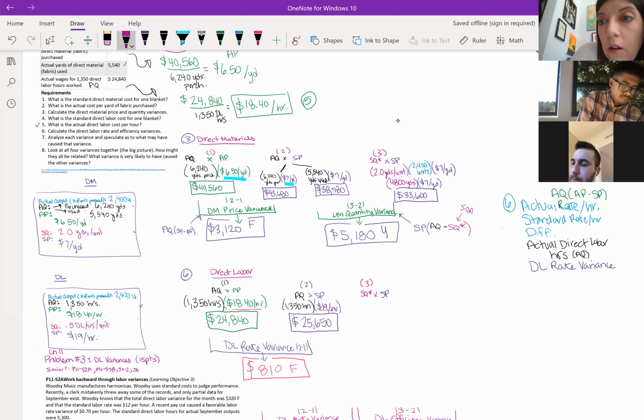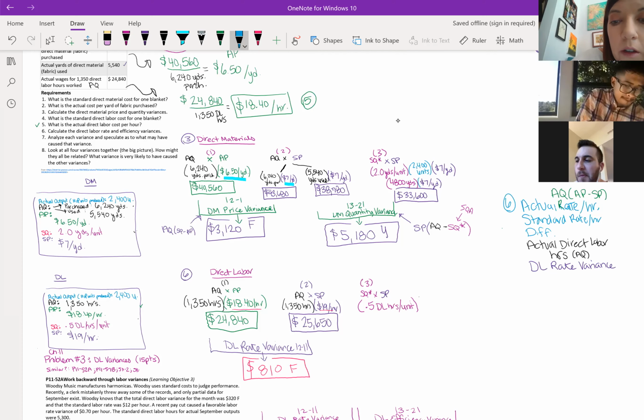For my last column, my standard quantity per unit is 0.5 direct labor hours per unit. We're going to multiply that times the number of units produced, which was 2,400 units. And we should have paid $19 per hour. So we're trying to figure out how much we should have spent for direct labor when we produced 2,400 units.